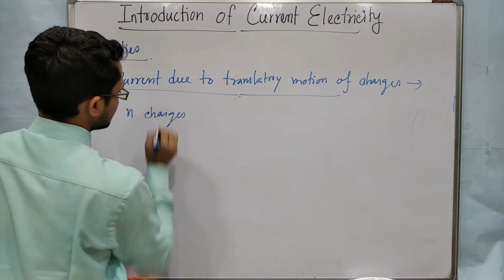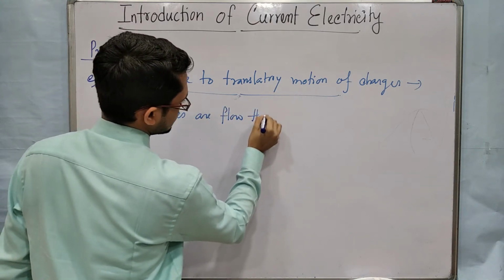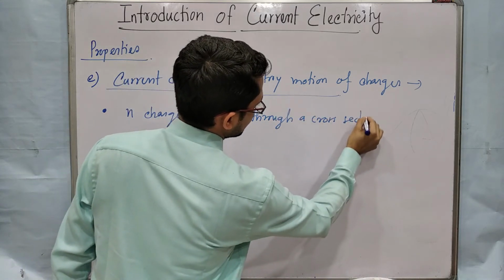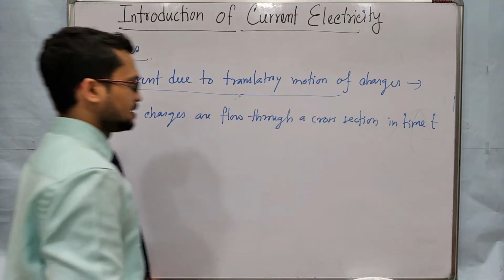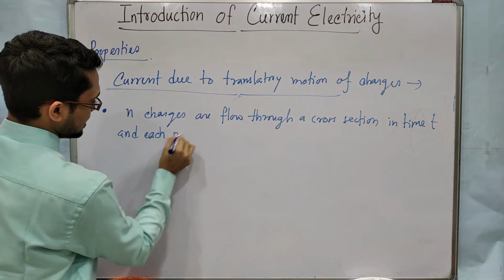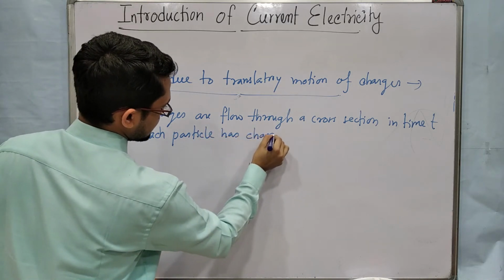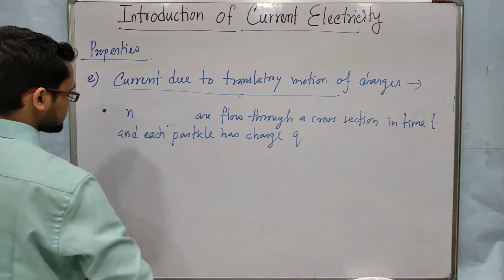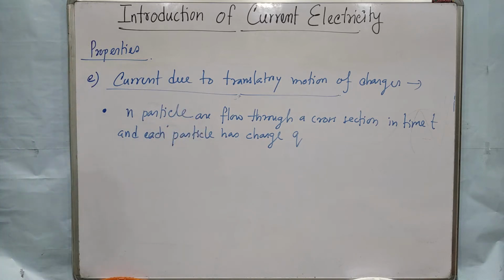N charges are flowing through a cross section in time t, and each particle has charge q. Then what will be the current?